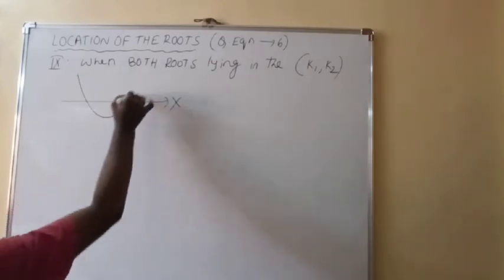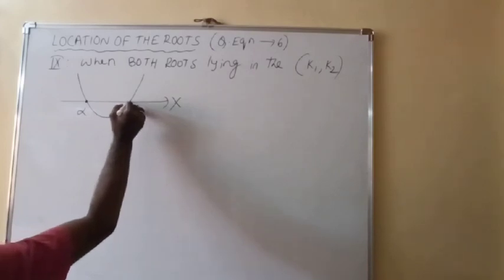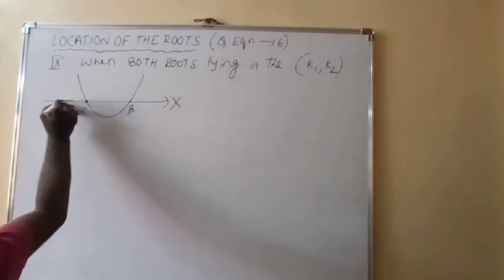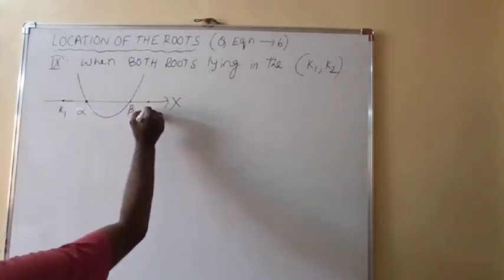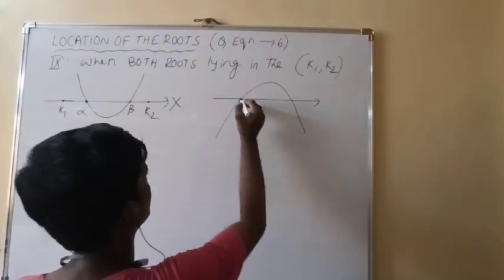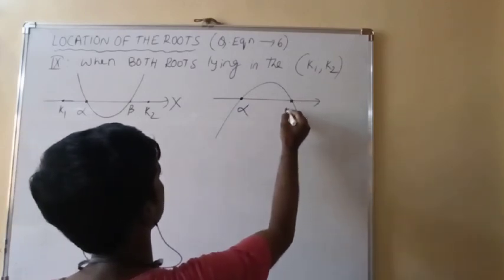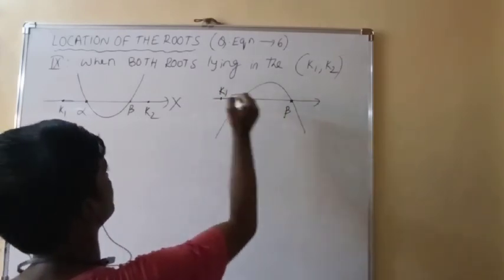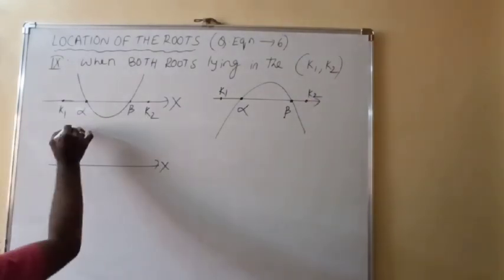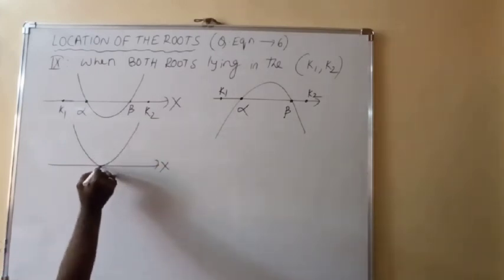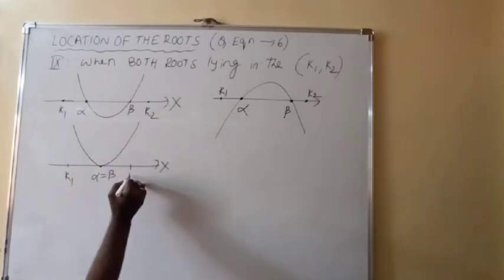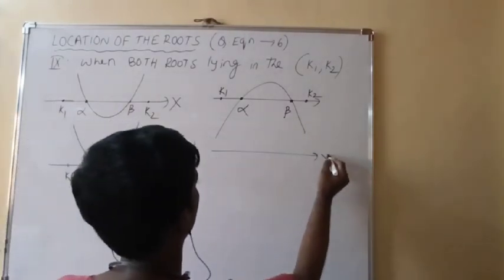See, when both roots lie between k1 and k2, in the open interval k1 comma k2, either you get this case, or you will make it like this, or you will get like this. This is only our alpha as well as beta. Or you will get like this.